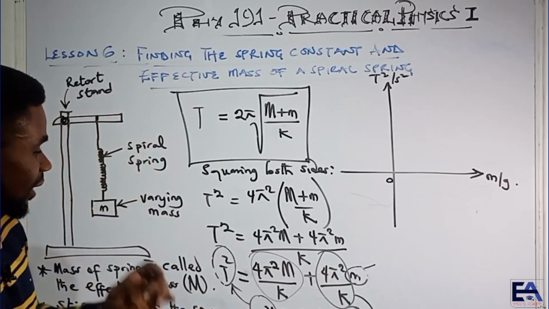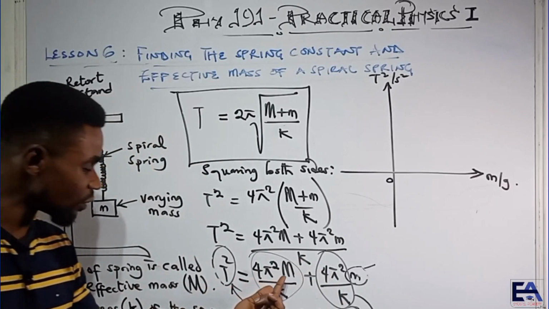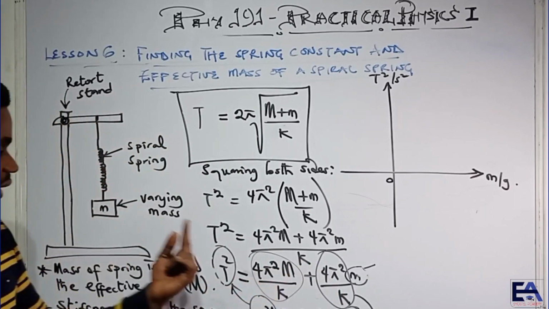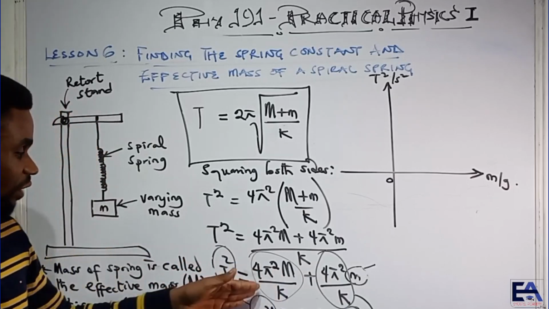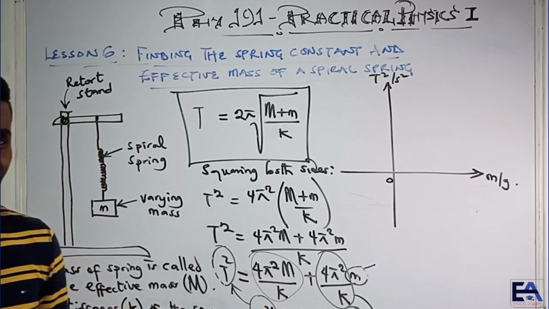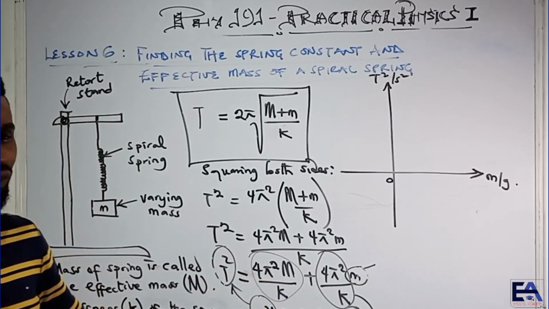And how do we determine the effective mass of the spring itself? Well, the effective mass of the spring can be determined from the value of the intercept.